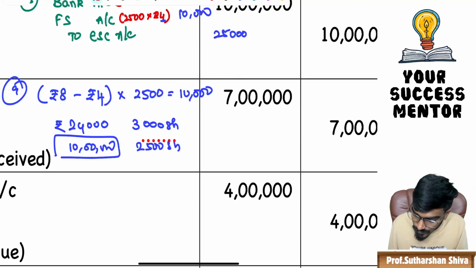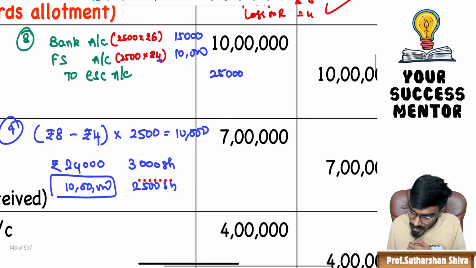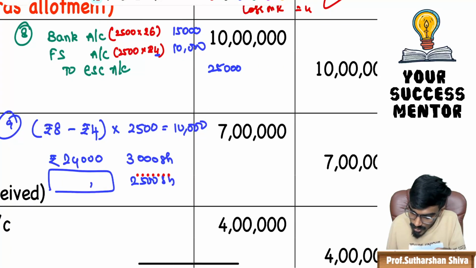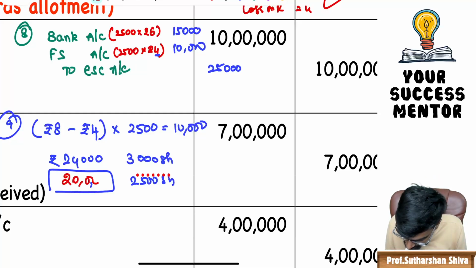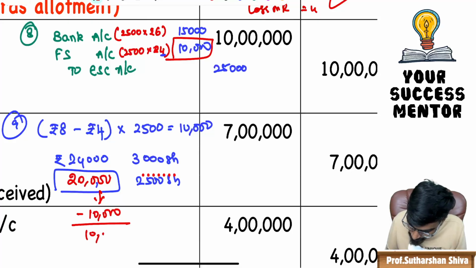In this method we will be getting 20,000, and then we will deduct the loss. Sorry, it's my mistake. 24,000 into 2,500 divided by 3,000, you will be getting 20,000. From the 20,000, we should deduct this 10,000. It's a two-way process, and then we will be getting 10,000.